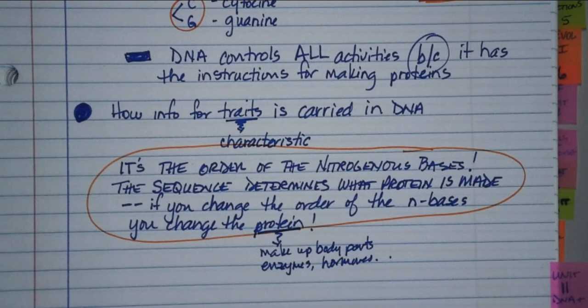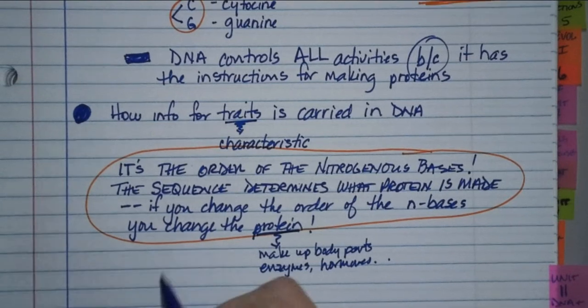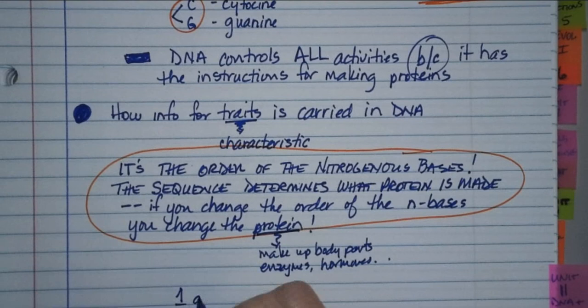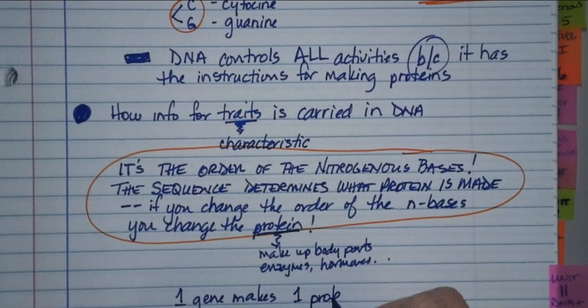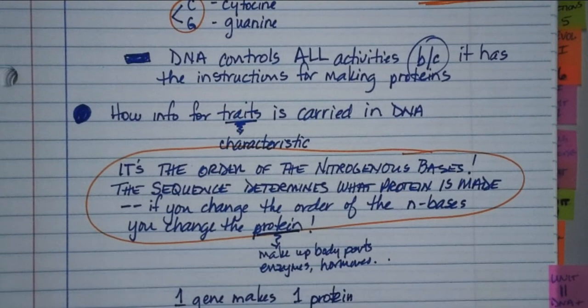Write this down: 1 gene makes 1 protein. If you need a different protein, you have to use a different gene. This is that central dogma, that basic tenet of biology.